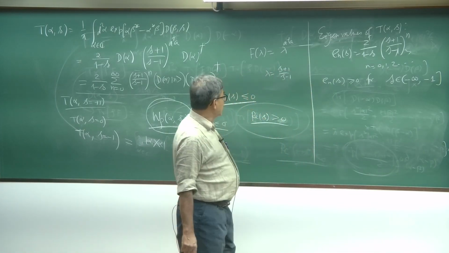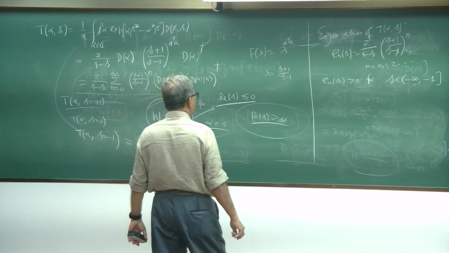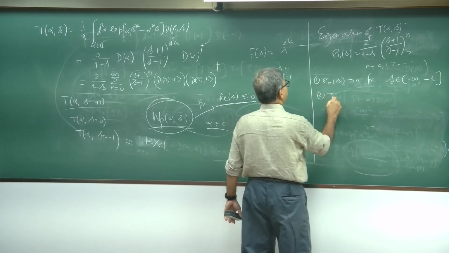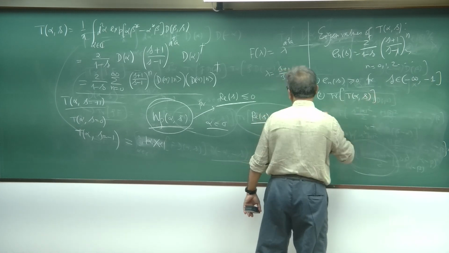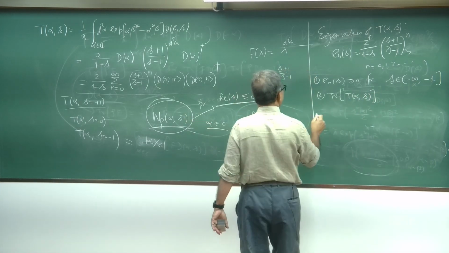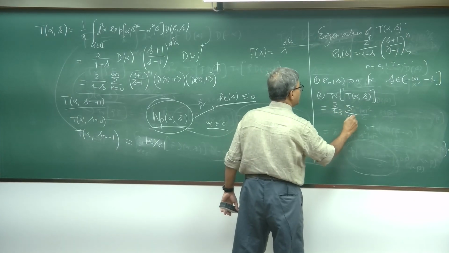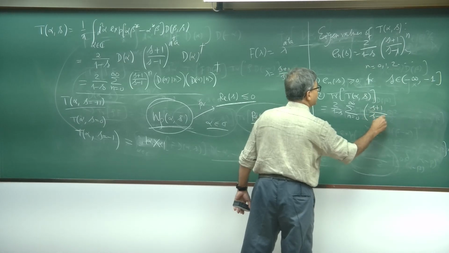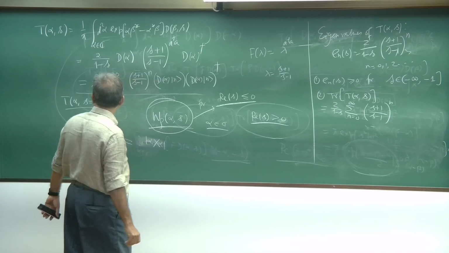Okay. Right. And what about, so this is number 1. Number 2, trace of T of alpha S. So, this is basically 2 by 1 minus S, sum over n equal to 0 to infinity, of S plus 1 by S minus 1 whole to the power n, is it not?